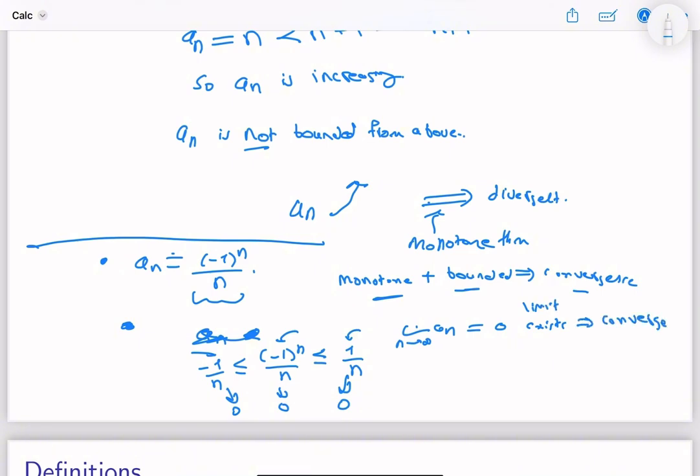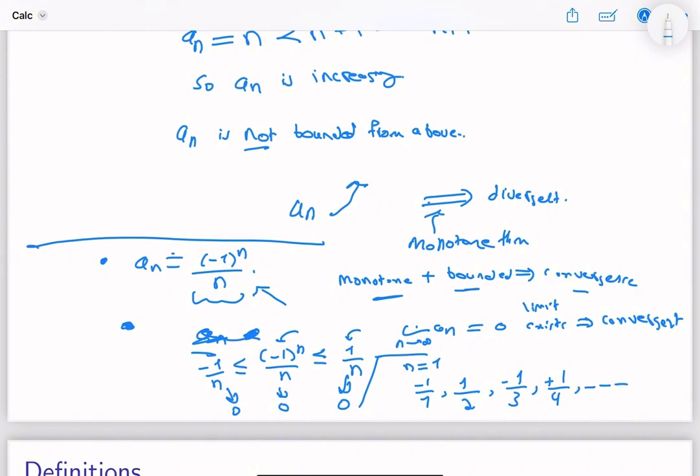So we know that the sequence is convergent. However, if you look at this sequence, it's not monotone, because let's write a few terms of the sequence. For n equals 1, it's negative 1 to the power 1, so we're plugging in the index here, which is negative 1 over 1. The next term is negative 1 squared, which is plus 1 over 2. Next we have minus 1 over 3, and next we have plus 1 over 4, and so on.